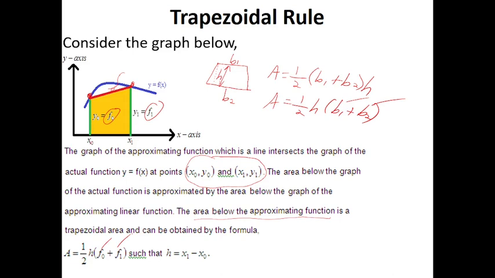And the height or the altitude of the trapezoid is simply x sub 1 minus x sub 0. So this is x sub 1 minus x sub 0, and we get this altitude. Alright, so we now proceed.